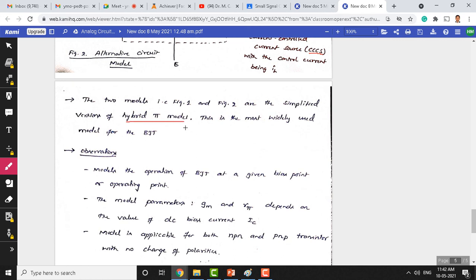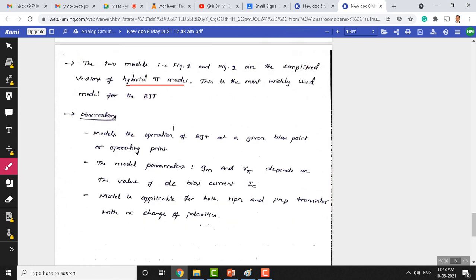So, in the examination you are advised to write both the models when asked to write about the hybrid pi model. This is the most widely used model for the BJT. Even though other models exist for the BJT, the pi model is the simplest model that can be used to analyze BJT circuits.